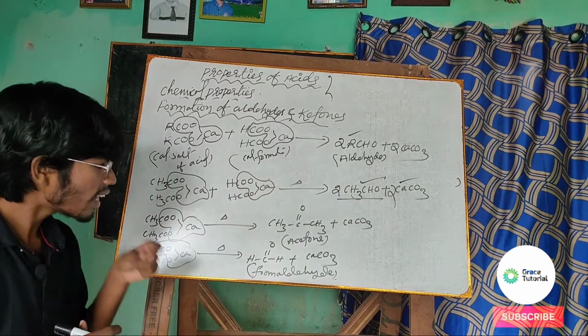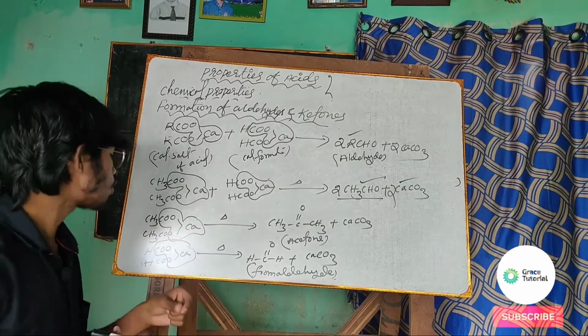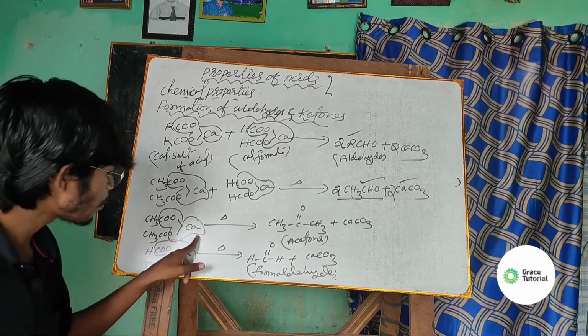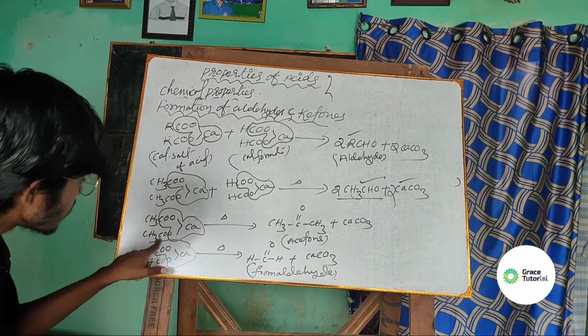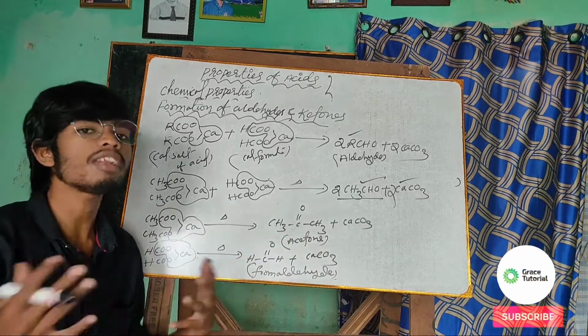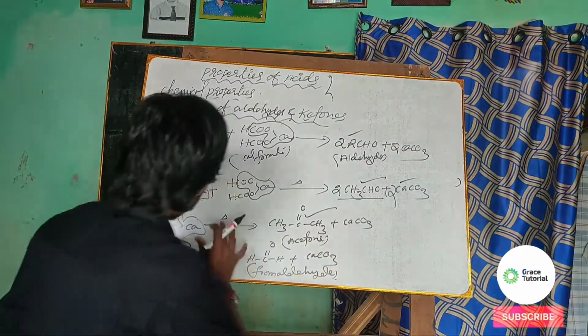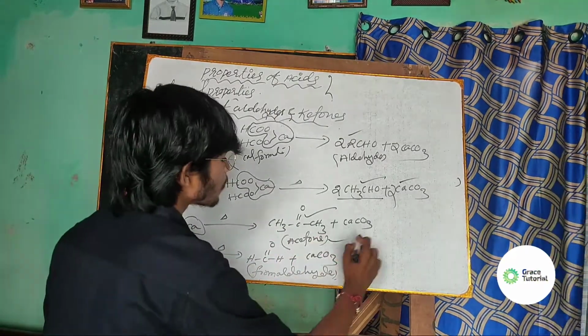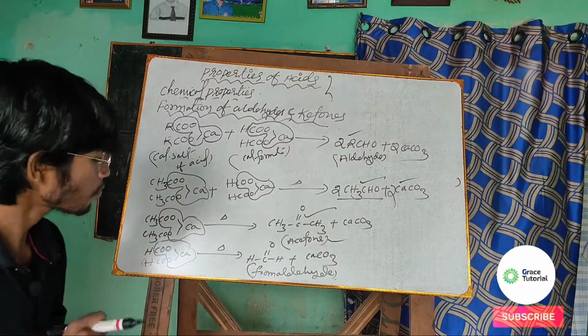But if you heat only this calcium acetate, then the calcium carbonate is removed, and finally we have CH3COCH3. This is acetone, a member of the ketones.